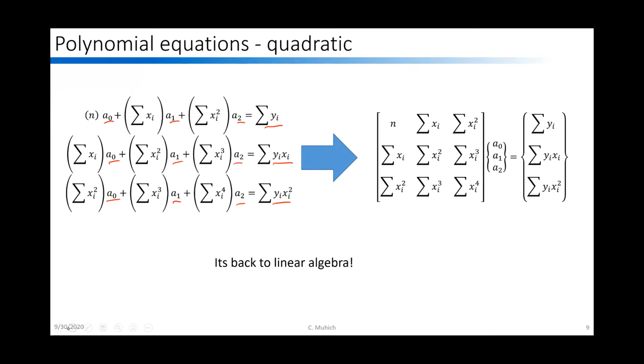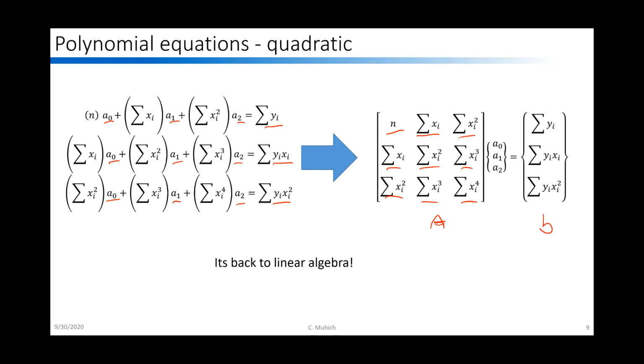We've spent 2 or 3 weeks talking about how to solve these problems. Now, all we need to do is fill in each of these entries into the A matrix and the B vector through computation, and we're ready to go.